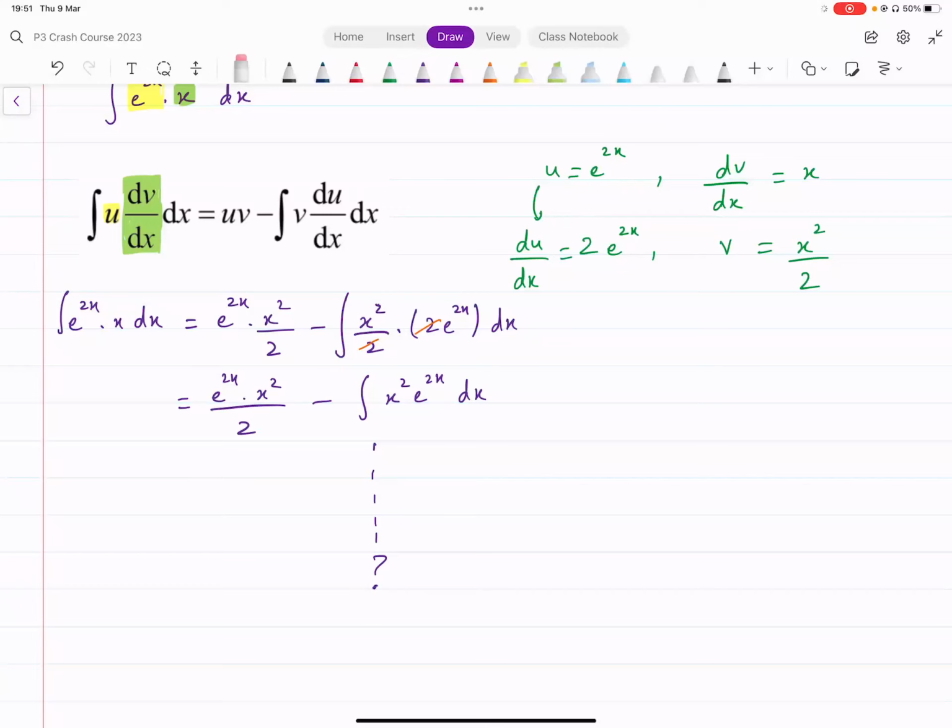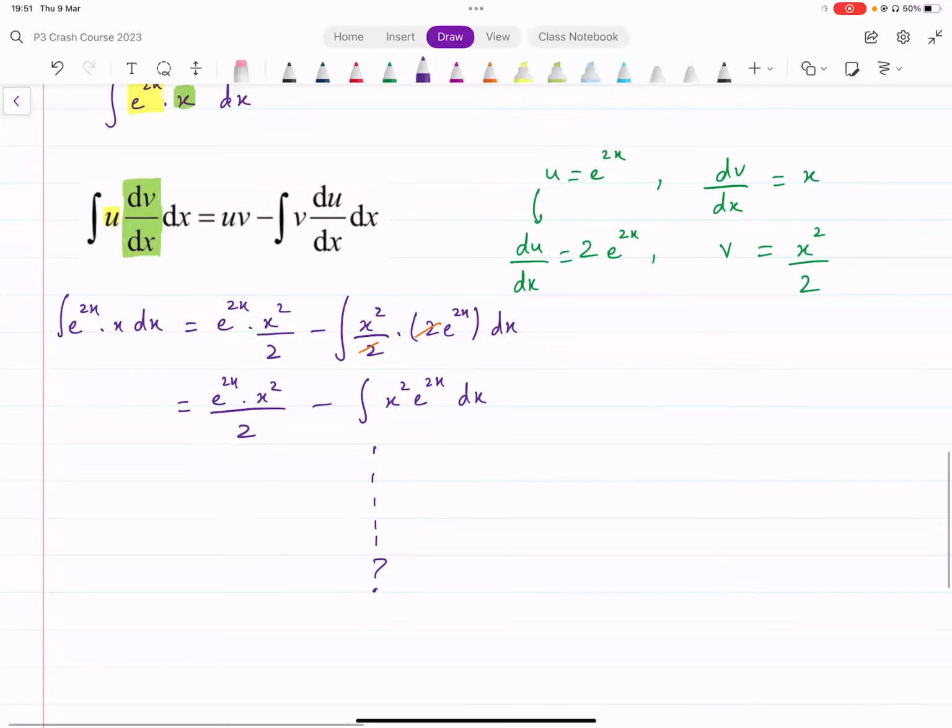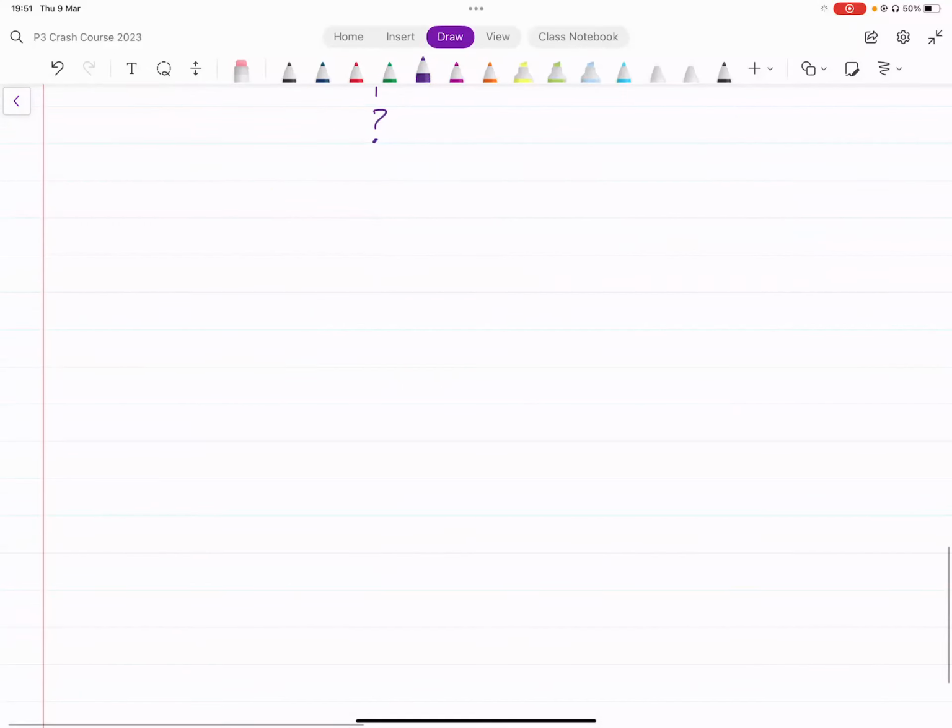Okay. That's one thing. And the other thing is dv over dx is something that we're actually integrating. Now here, that's not a problem, but sometimes you end up getting some functions that you do not know how to integrate directly. For example, let me give you this example.